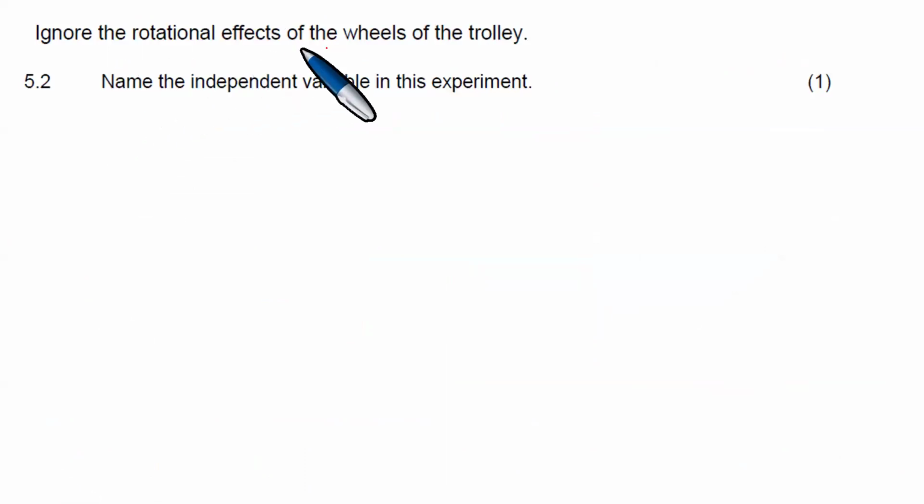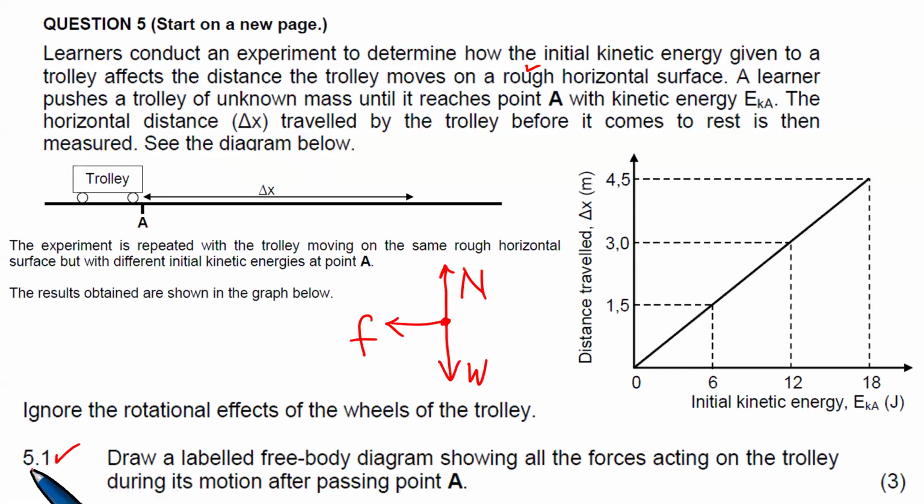Ignore the rotational effects of the wheels of the trolley. Name the independent variable in this experiment. The independent variable is what these guys are changing, and what are they changing here? The experiment is repeated with the trolley moving on the same horizontal surface, but with different initial kinetic energies.